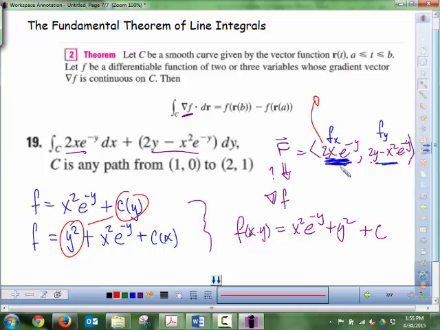Let's call this P and Q. P came from the original function as a derivative with respect to x. So if I want the mixed partial, I take the derivative of P with respect to the other variable, y. What do we get? Q came from the original function having taken the derivative with respect to y.